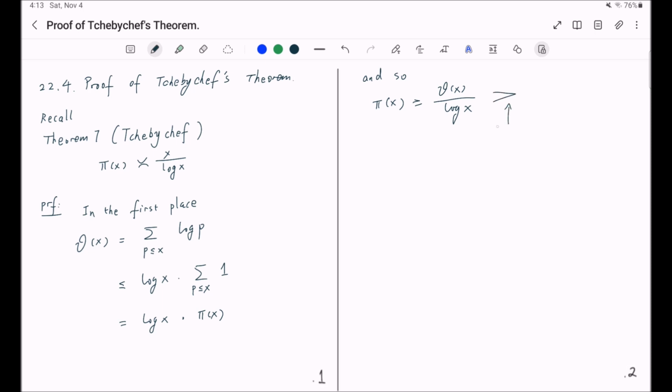But the theorem for 15 we just proved states that theta of x is asymptotically equivalent to x, and in particular is bounded below by some constant multiple of x, and now we divide by log of x.